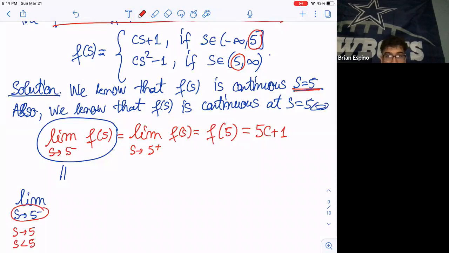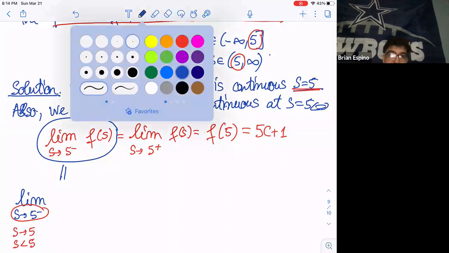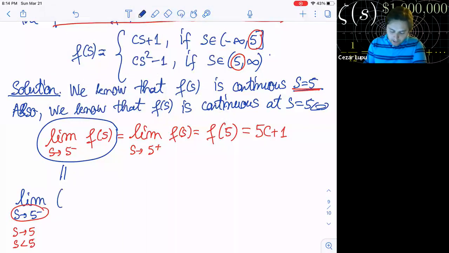It's the first one, exactly. So we're going to replace s by 5, so it will be 5c plus 1. Great.